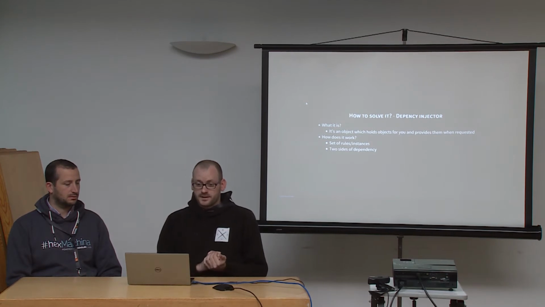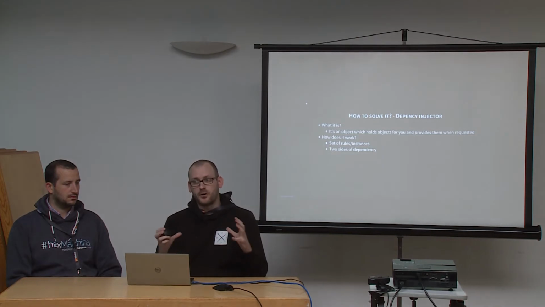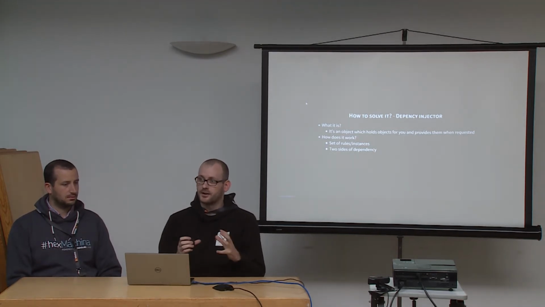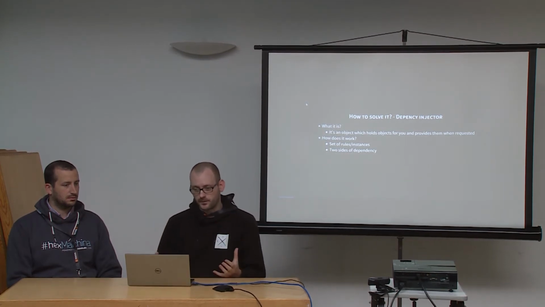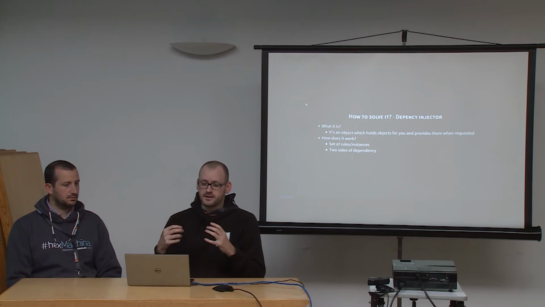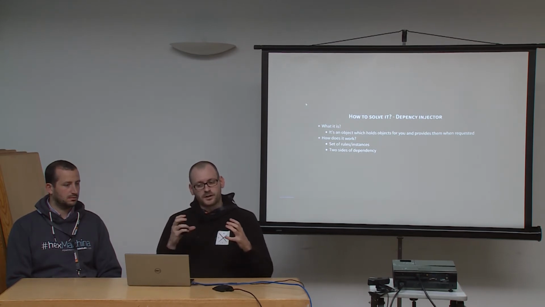So what is the dependency injector actually? It's an object, a container that holds instances of other objects and provides them when you actually need them. It doesn't really hold the interfaces or the instances directly, but works on a rule-based system.